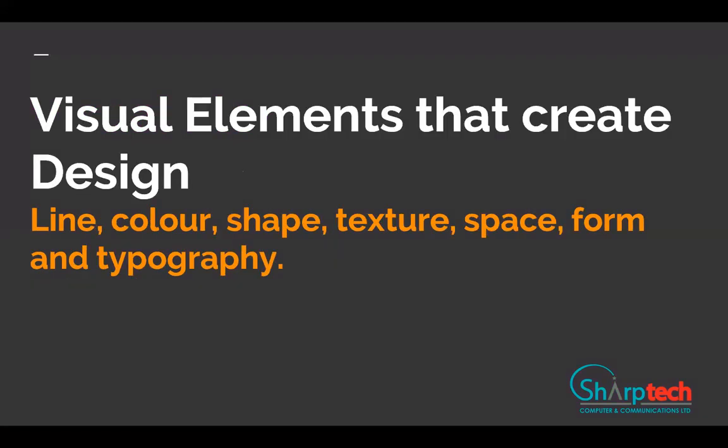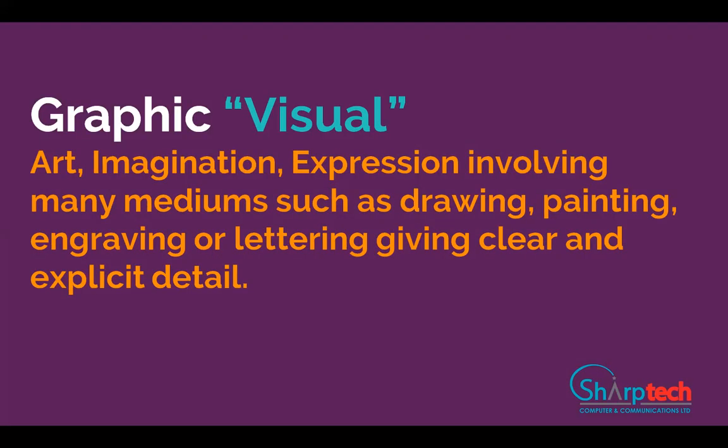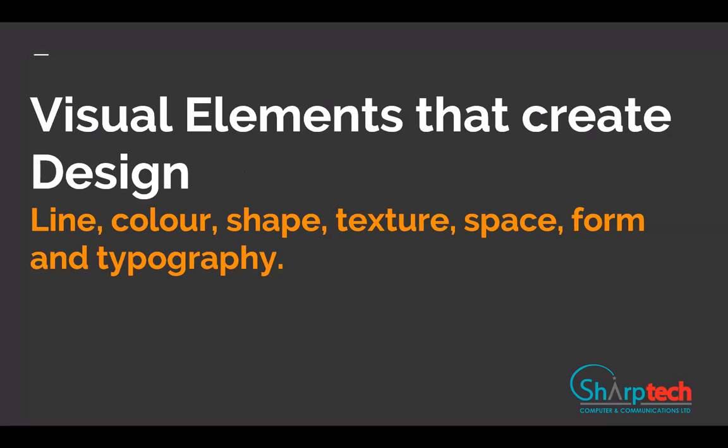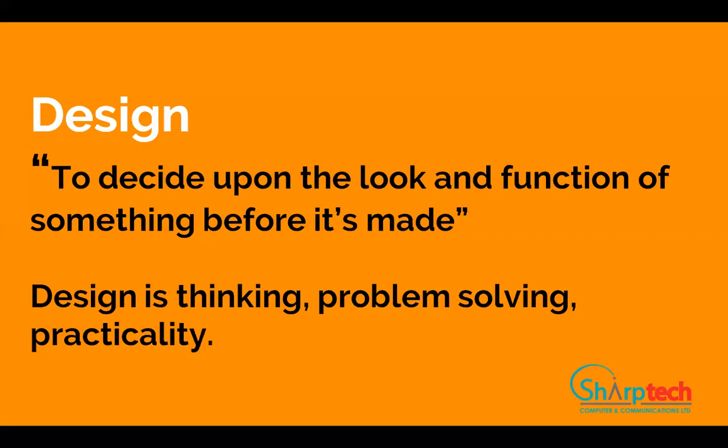And then we looked at the visual elements. If graphic is visual, then there must be elements which are visual, and those elements include line, color, shape, texture, space, form, and typography. And then we also looked at design.